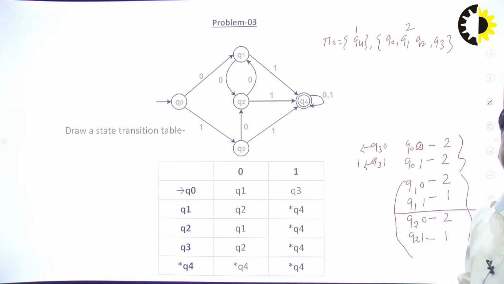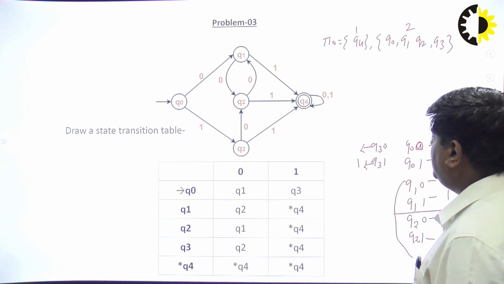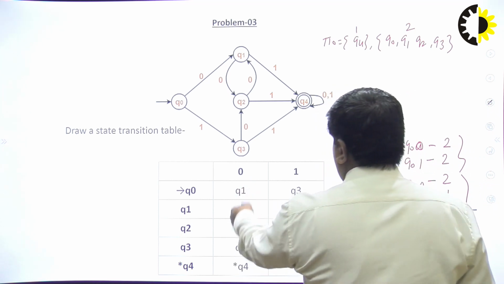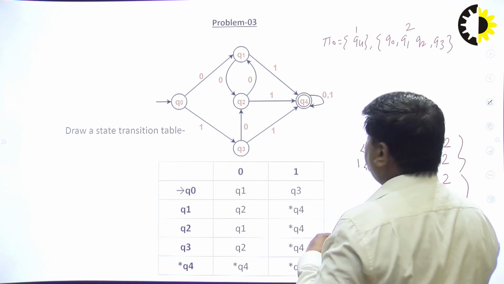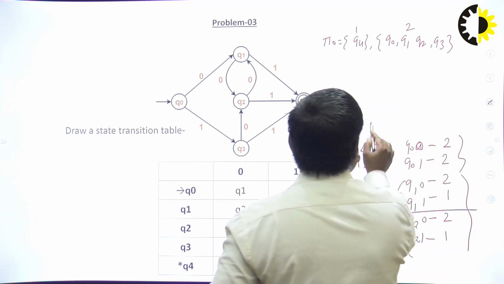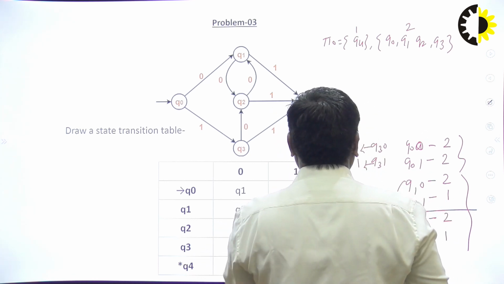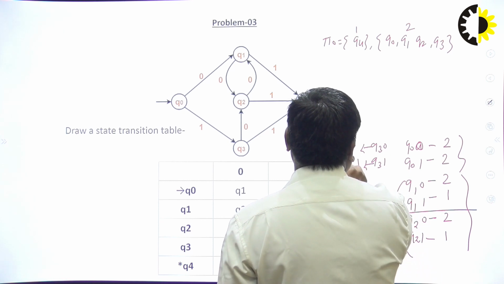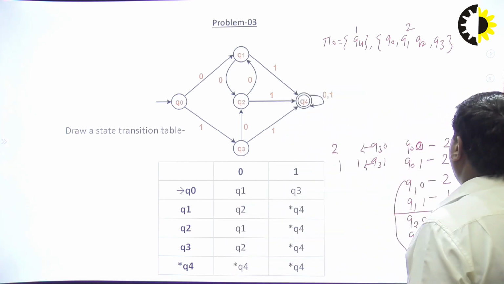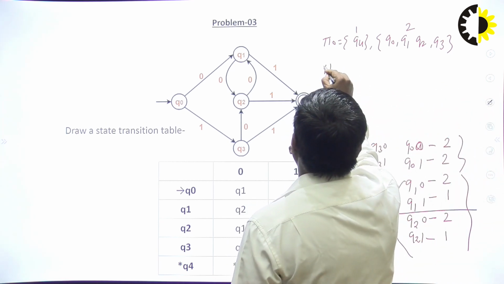We check the transition function of Q3. Q3 on 0 is Q2, which means set number 2. And Q3 on 1 is Q4, which is set 1. It means 2 1. So what is the first iteration?